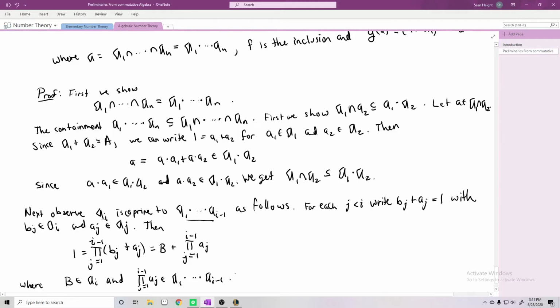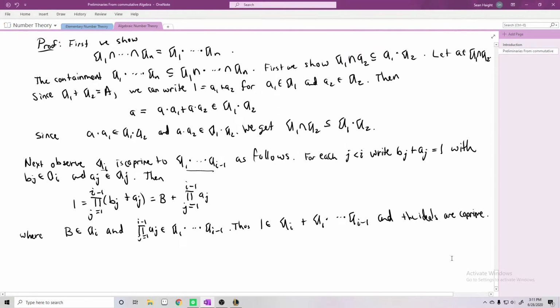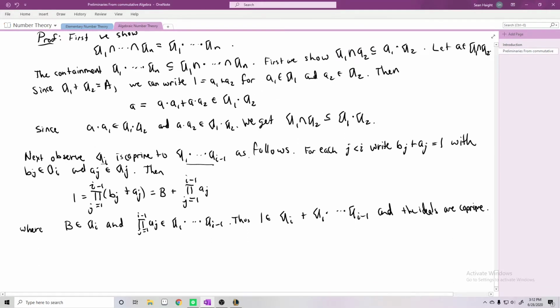So thus 1 is in a sub i plus this product a sub 1 through a sub i minus 1, and this immediately implies that these two ideals are coprime. Okay, so since 1 is in this sum of ideals, and the sum of ideals is an ideal, this sum necessarily has to be the whole ring.